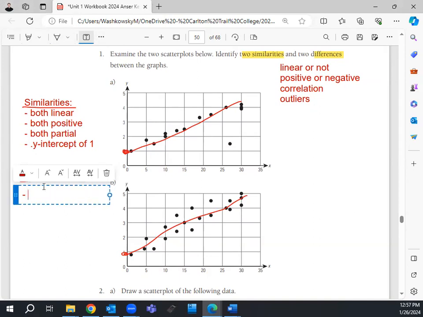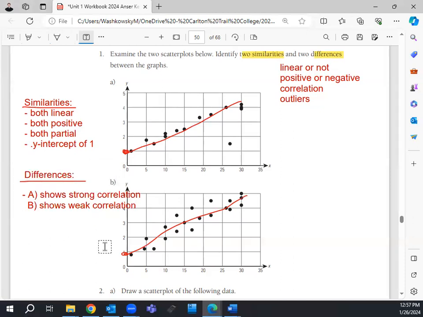Now, what about for differences? What's different between these two charts? One's strong and one's weak. Yeah, so chart A shows a strong correlation. In chart B, shows weak correlation.